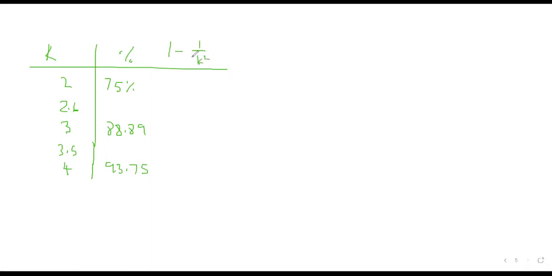So I want you to try. Let's find for 2.6. So for 2.6, we're going to do 1 minus 1 over 2.6 squared. Can somebody help me? Let's calculate. I want you to be participative for you to enjoy this topic.